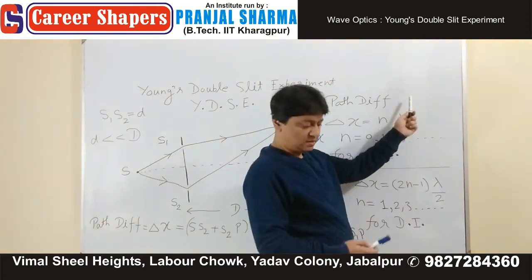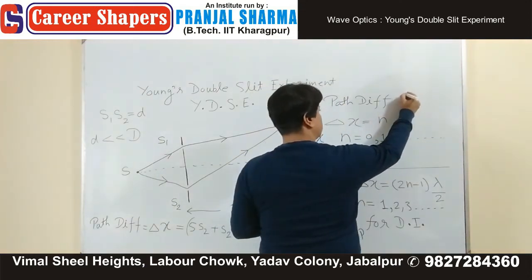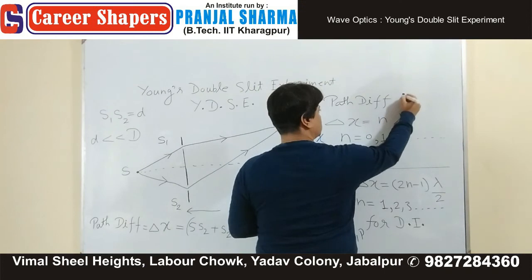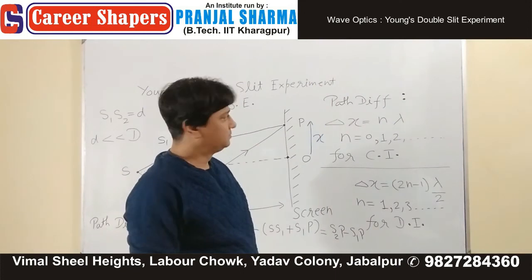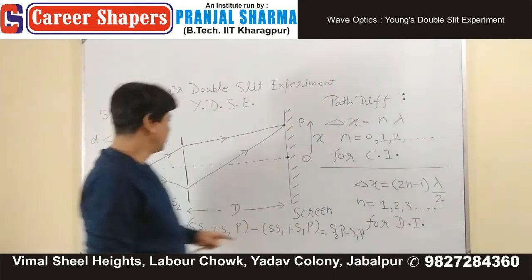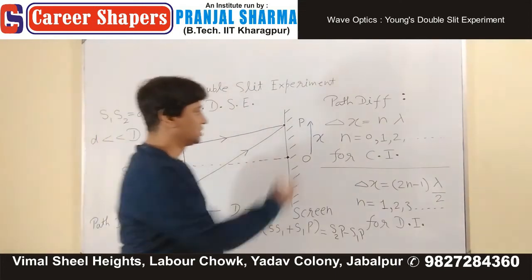Try to visualize something over here. If I say that we have got two sources which are very close, I hope you can see the dots. In real setup, dots are even much closer than this.